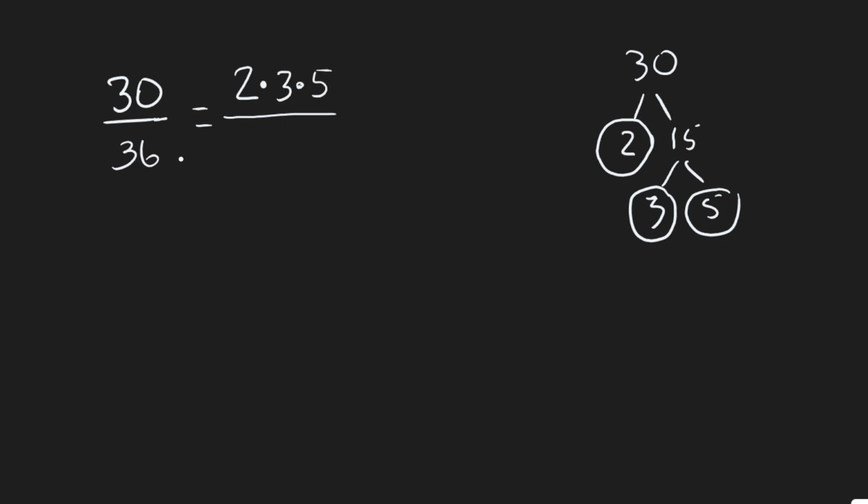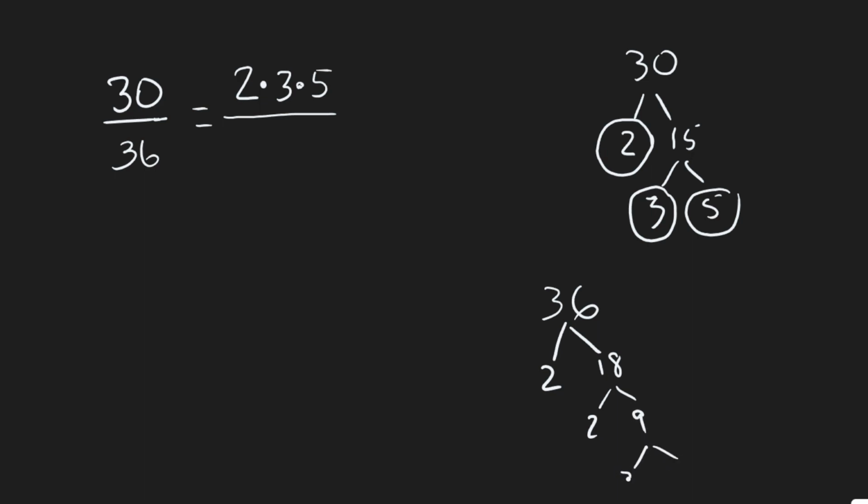We are going to do the same for 36. So 36, I'm going to write it here. Again, 36 is even. We divide 36 by 2. We get 18. We divide 18 by 2. 18 is even still. We get 9.